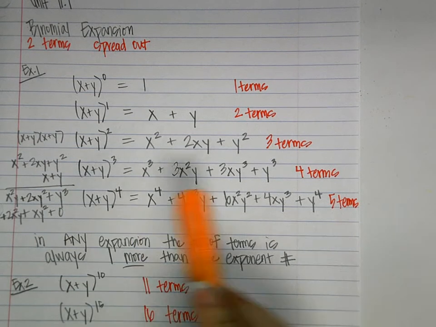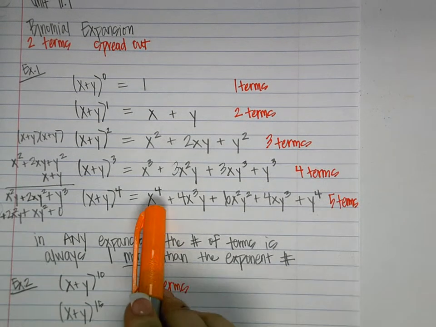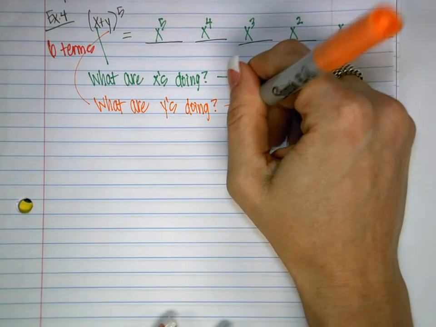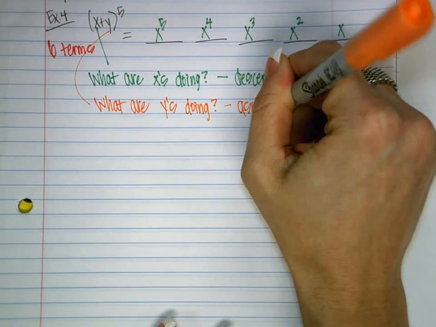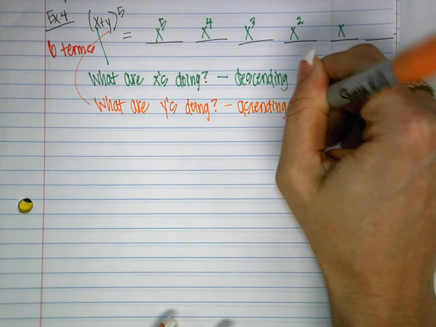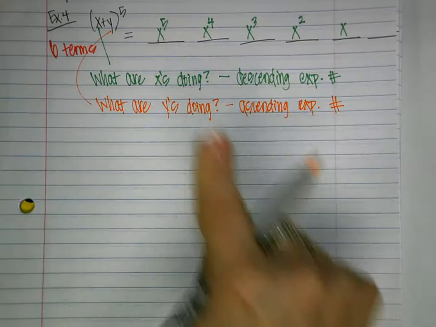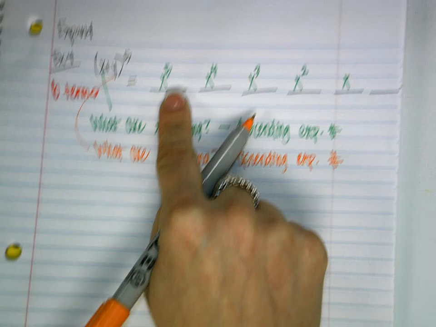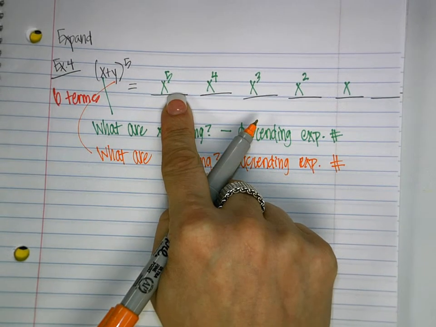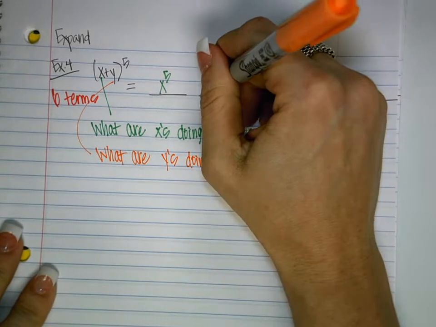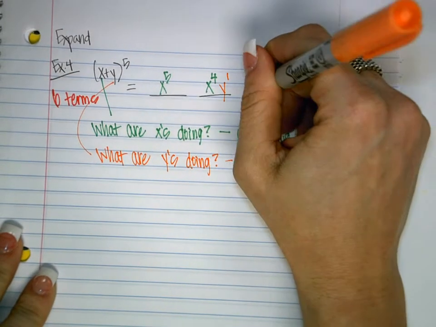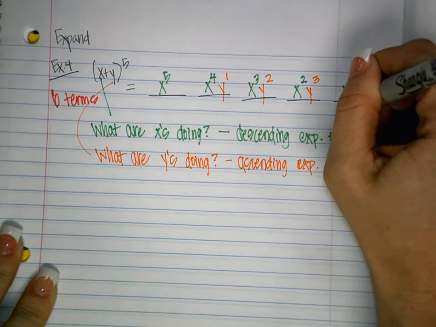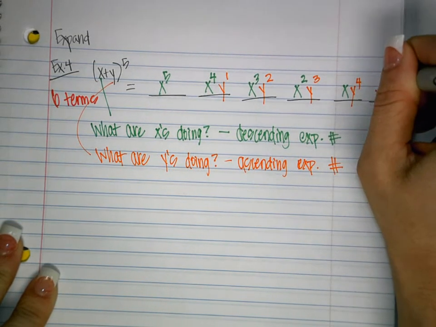So it starts at 0. Okay, so the y's are ascending, or going up in exponent number. So what would your y exponent be on the first term? There isn't one. It's technically y to the 0, but we don't write that. So here you're going to start with y to the first, y to the second, y cubed, y to the fourth, y to the fifth.